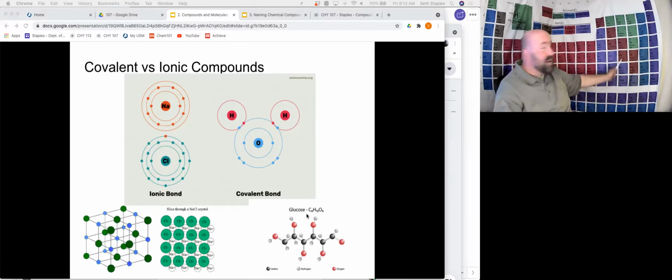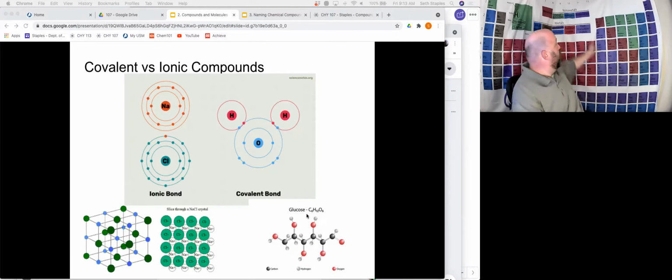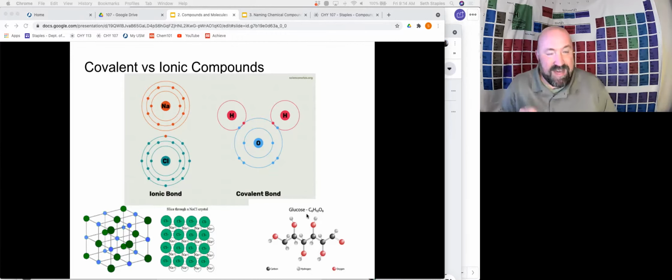When a metal comes together with a non-metal, or if a metal comes together with a polyatomic ion, another reason why it's important to know those. So a metal with a non-metal or a metal with a polyatomic ion, that will be an ionic compound. If all of the elements in your compound are non-metals, that's going to be a covalent compound.